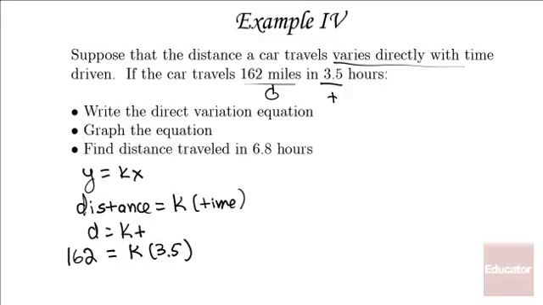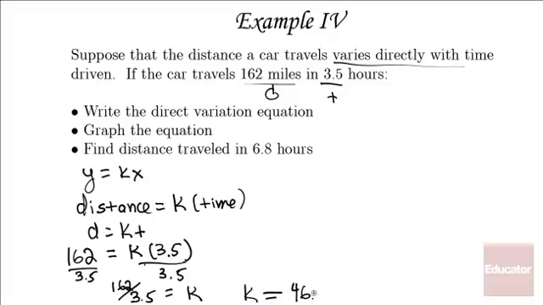I need to find k, so I'm going to divide both sides by 3.5 to get 162 divided by 3.5 equals k. And that comes out to approximately, k equals approximately 46.3.